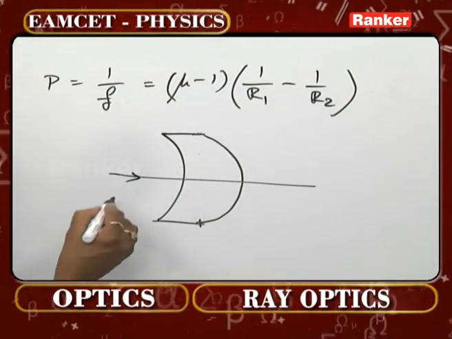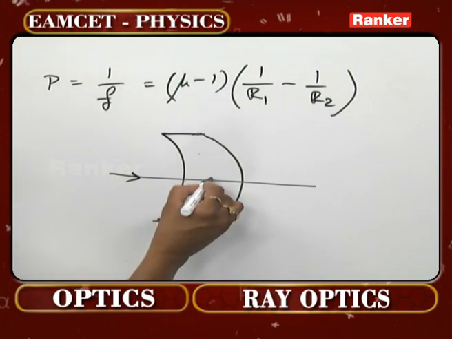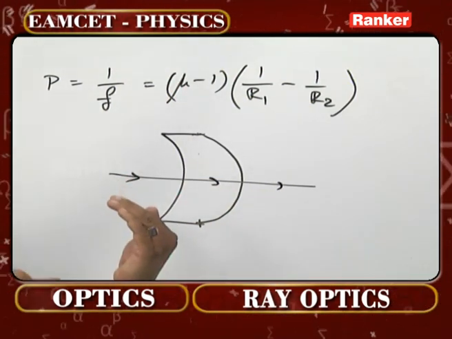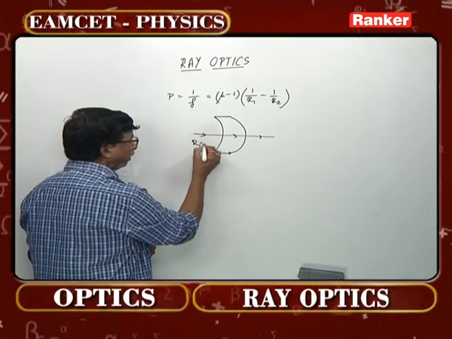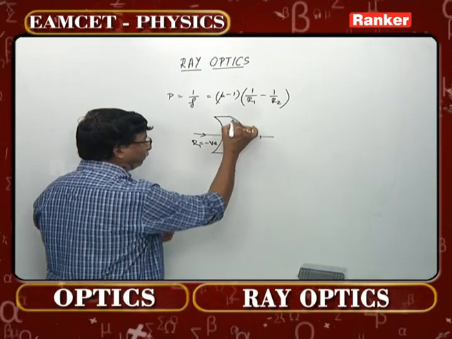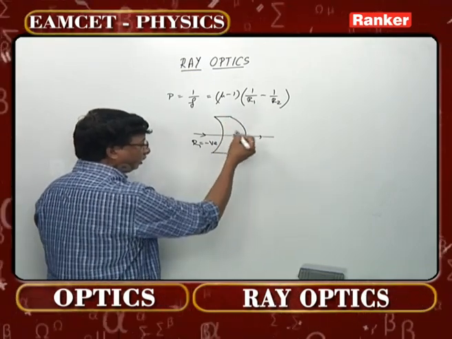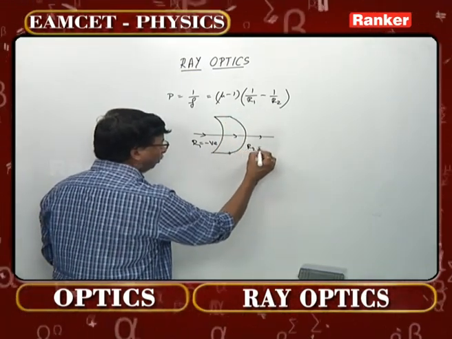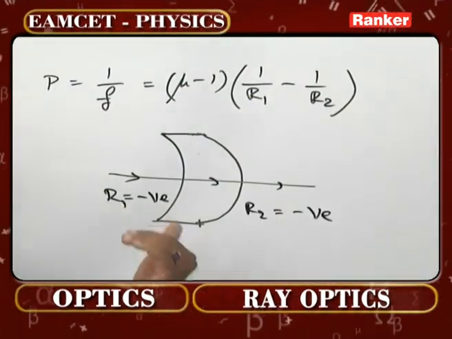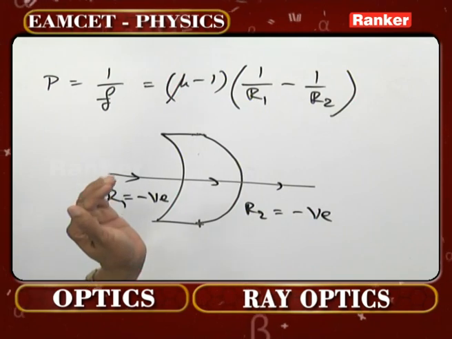If you imagine crossing the lens like this, if you look at that surface like concave, then take its radius of curvature with a negative sign. After entering into the lens, if this one is also concave, then R2 also will be negative according to the convention. So, concave to be taken negative, convex to be taken positive.